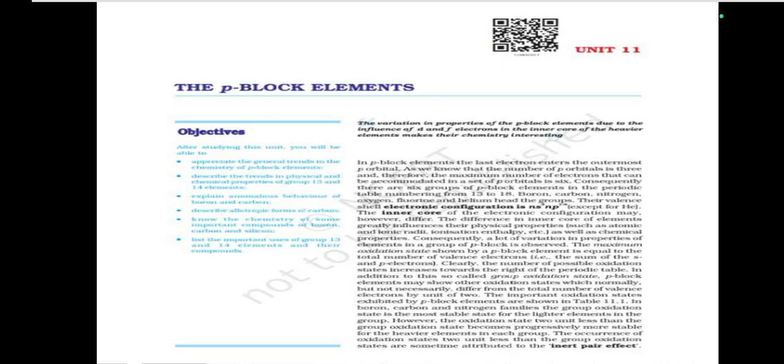The maximum oxidation state shown by a p block element is equal to the total number of valence electrons, that is, the sum of the s and p electrons. Clearly, the number of possible oxidation states increases towards the right of the periodic table.